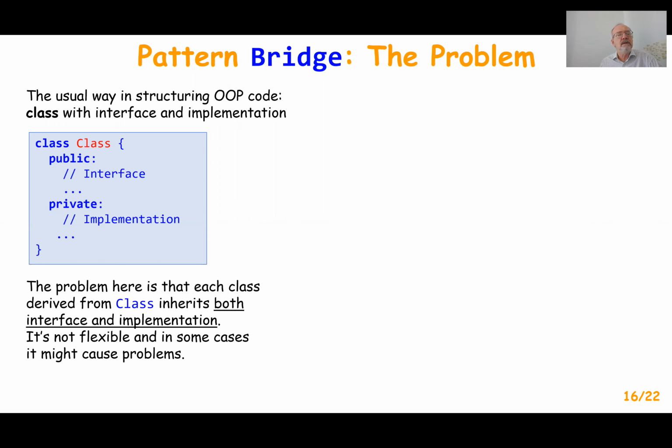The problem is that if you declare a class derived from this one, by definition, the derived class inherits both interface and implementation of its base class. That is, in many cases, not convenient and sometimes even dangerous.